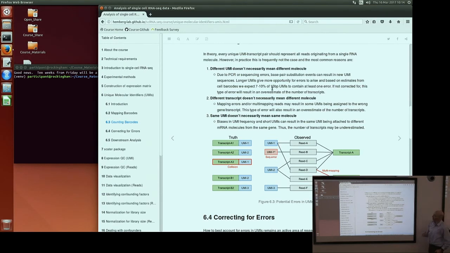And finally, you can have this problem where you have errors in your barcodes. So you think that you have more.